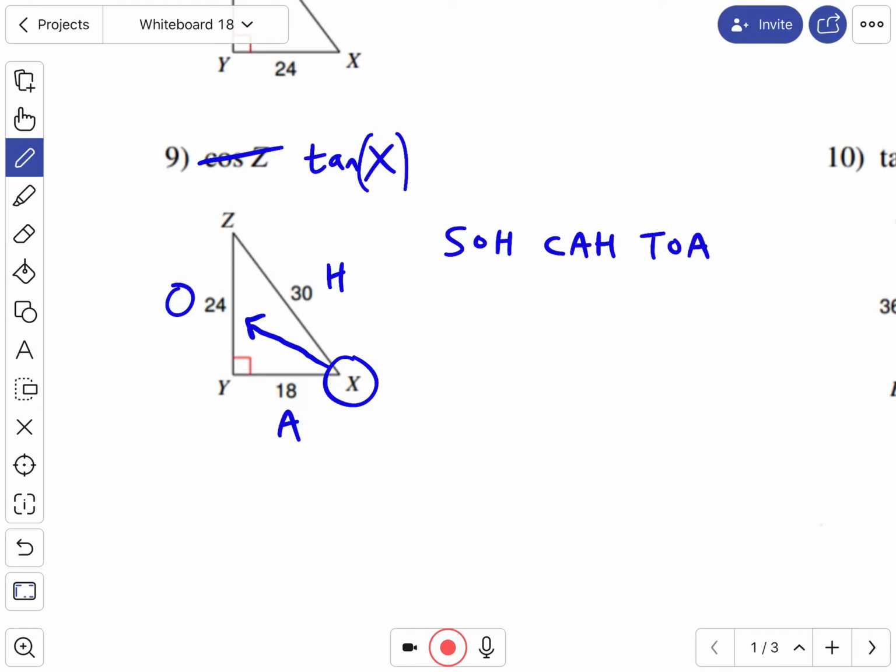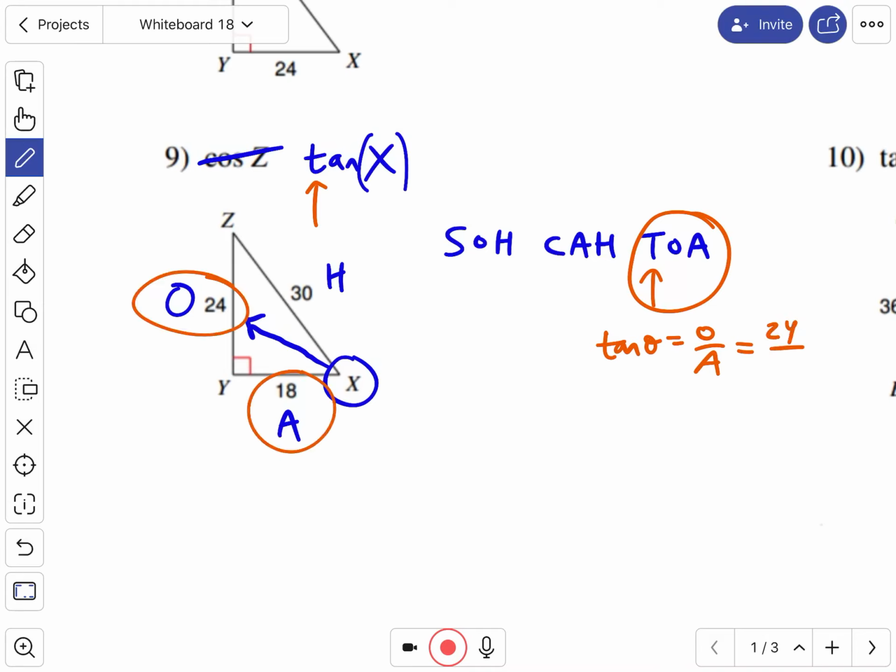And then because we're dealing with tangent, this is the one that we're going to be focusing on. So this would be tangent of theta equals O over A, which is equal to O is 24 and A is 18. And so if you reduce that, that's going to be divided by 6, I believe.